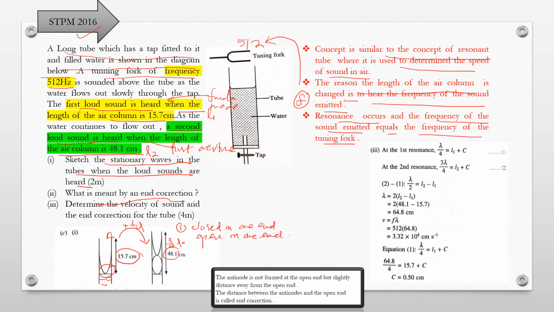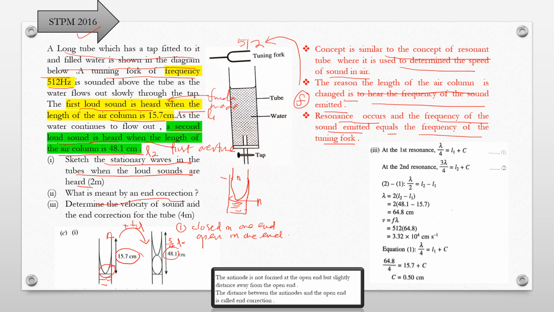Now, it's like this. This is the node, this is the antinode. Sometimes this antinode is formed somewhere which is not near the open end.